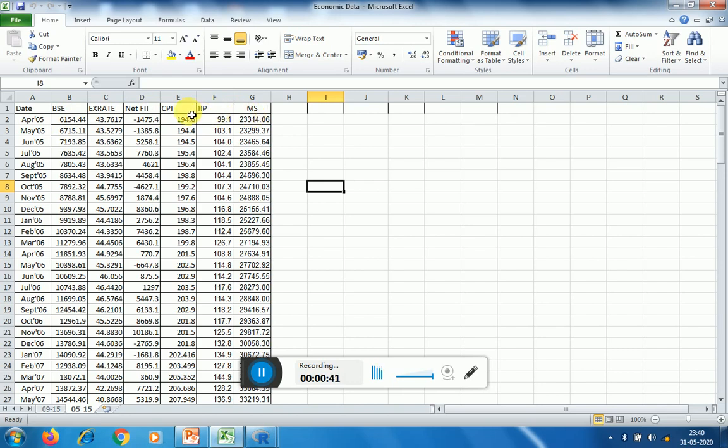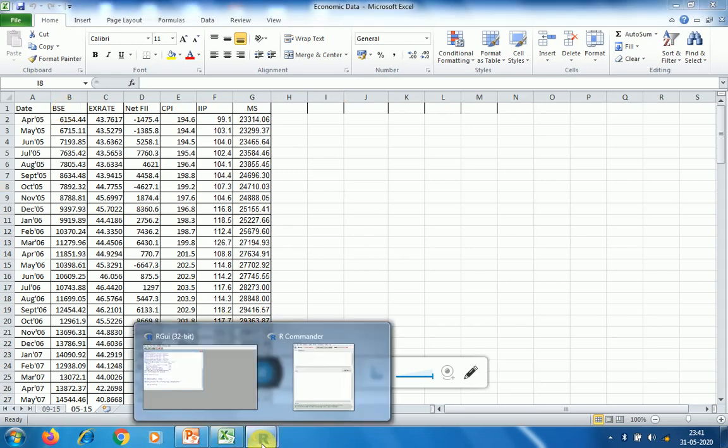Then for inflation we are using consumer price index as the proxy variable, net FII, that is foreign institutional investments, exchange rate. So these factors are influencing the BSE Sensex, that is our assumption. So we will proceed with this assumption.